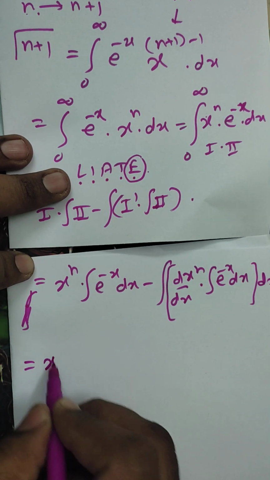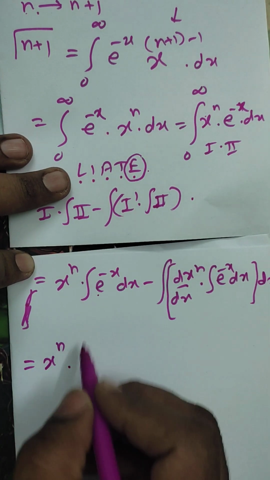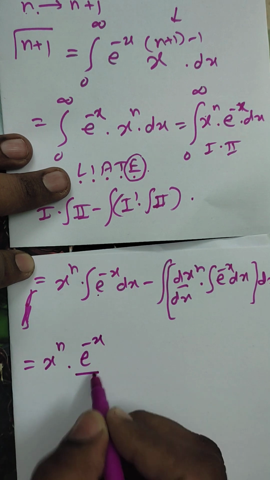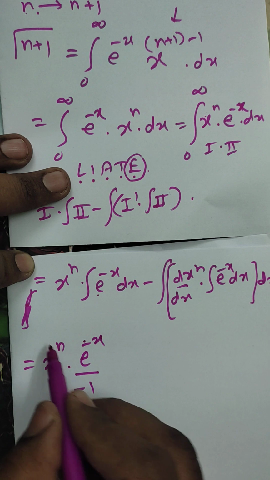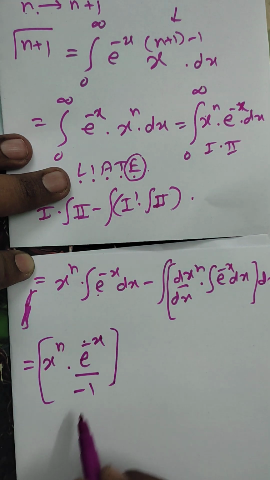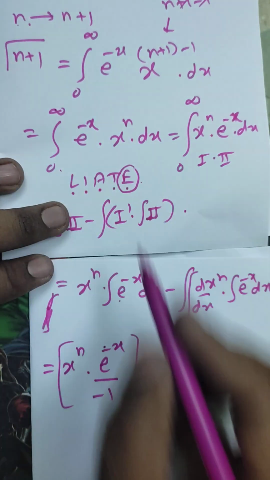X raised to n, integration of e raised to minus x is e raised to minus x divided by minus 1, the coefficient of x. Then we have to keep its limits, from 0 to infinity.